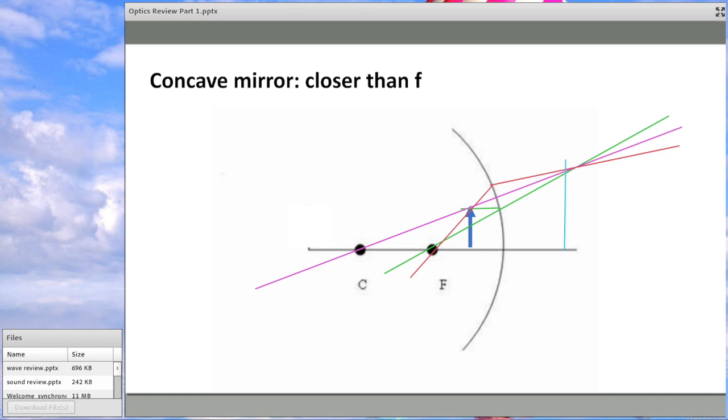Okay. So you've got to make the arrow. Okay. So there's our image. And so now if we wanted to talk about this image, okay, we could say that it's upright, right? It's not upside down.